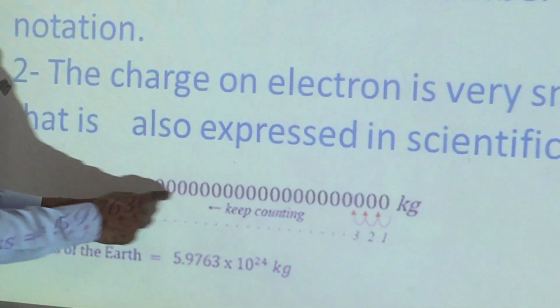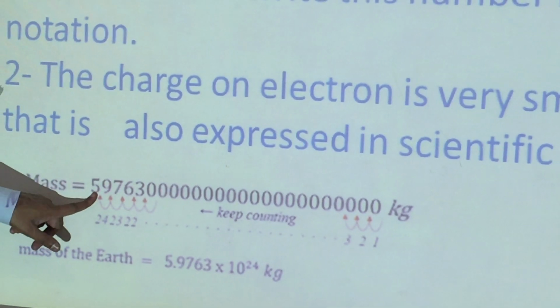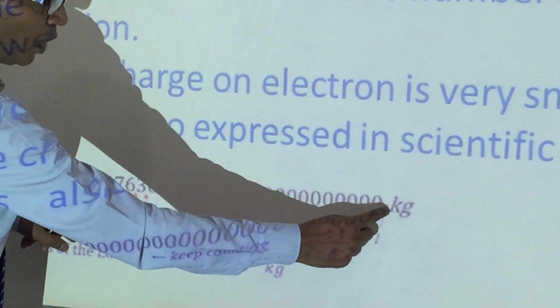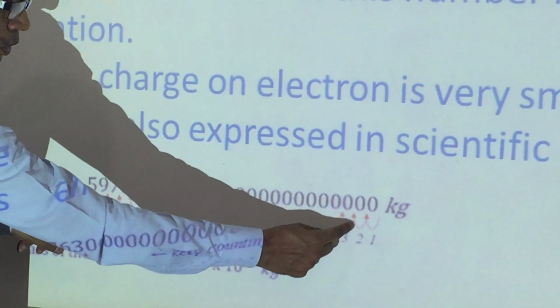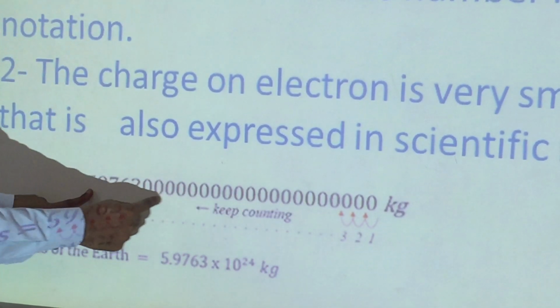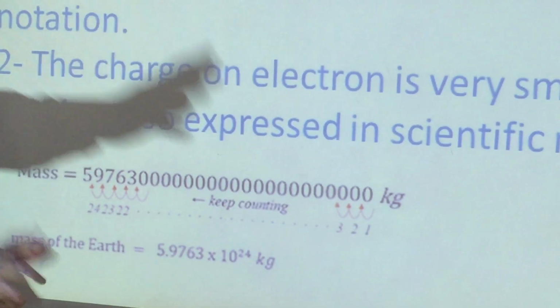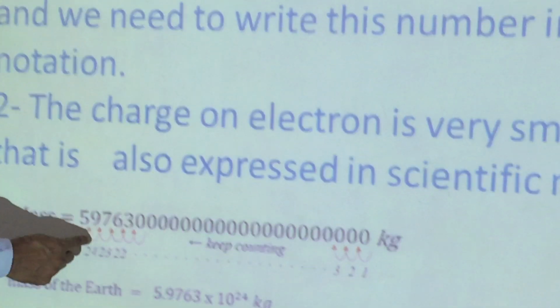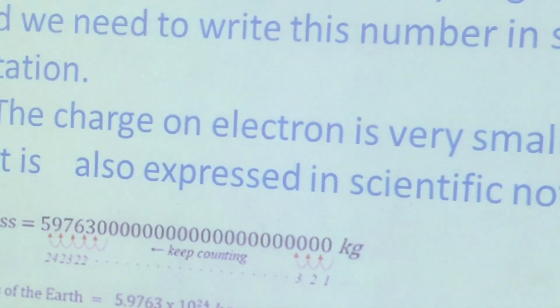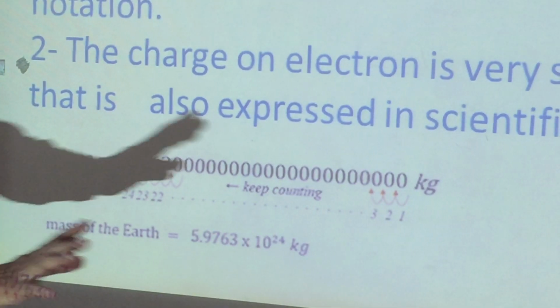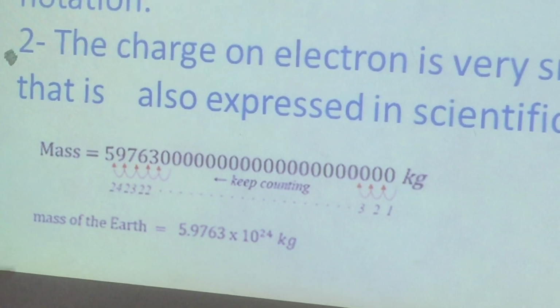Leaving 5 as the first digit, we need to bring this point to this side. So the point is here, 1, 2, 3, and keep on counting until you come after 9; they are 24. So the point will move 24 places from right to left, and we will write 10 raised to the power 24. This is a prefix, as we have done already.